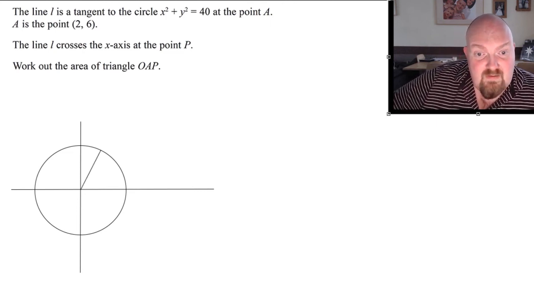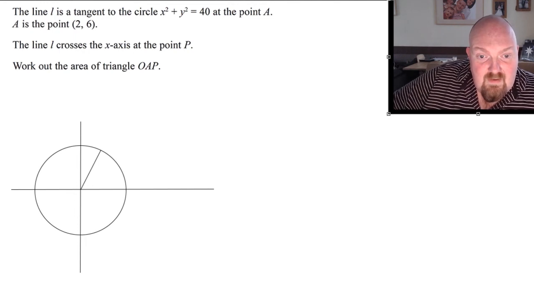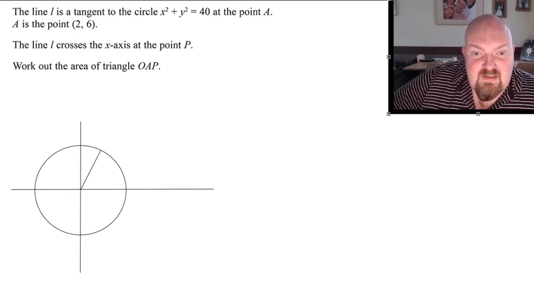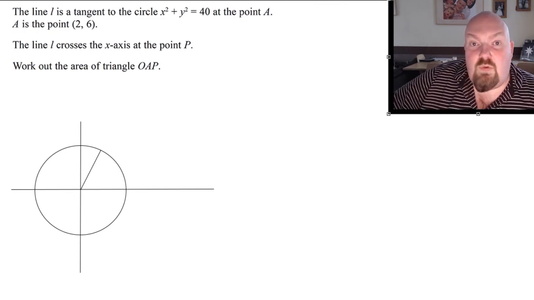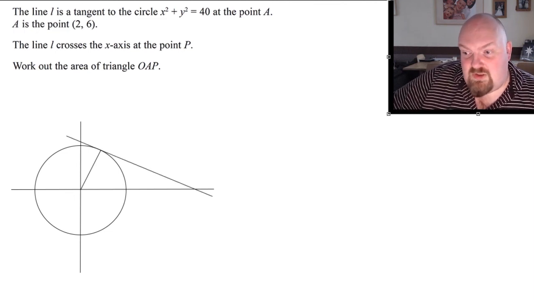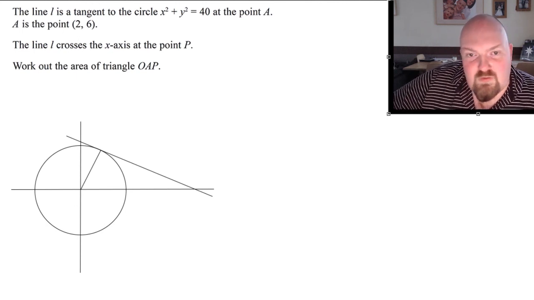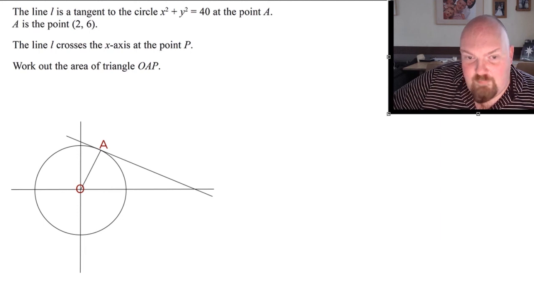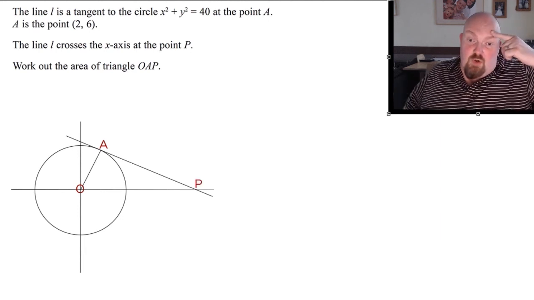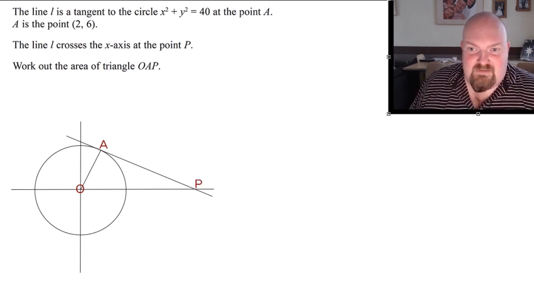The first line is a radius, and that radius is going to help me to work out where my tangent's going to be. Once I've got that, I've then got my tangent. All I need to do now is label the 3 points that will ultimately form my triangle. So we have O, the origin, we have A, where the tangent meets the circle, and we have P, where the tangent line crosses the x-axis.